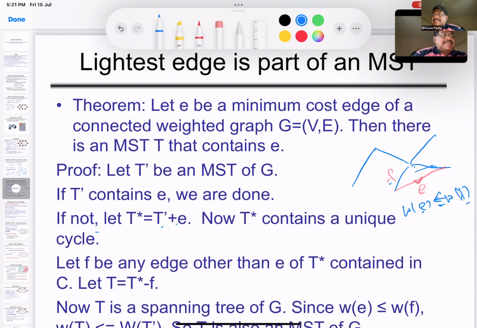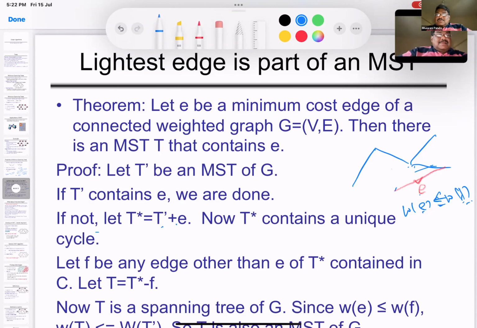Okay. So after adding E, we have a unique cycle. Whatever edge F you take, weight of E will be less than or equal to weight of F. And from the cycle, if you remove this edge F, you again form a tree.